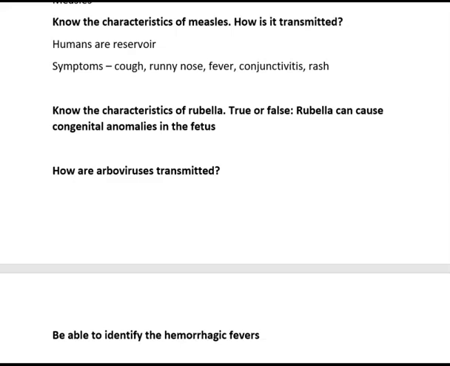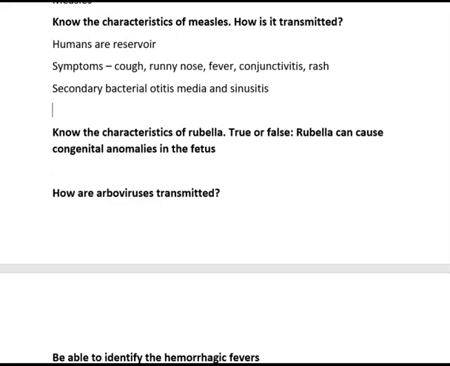I want you to know that secondary bacterial infections are common, especially otitis media and sinusitis. And this is because the measles virus depletes lymphocytes, so our immune response is weakened.